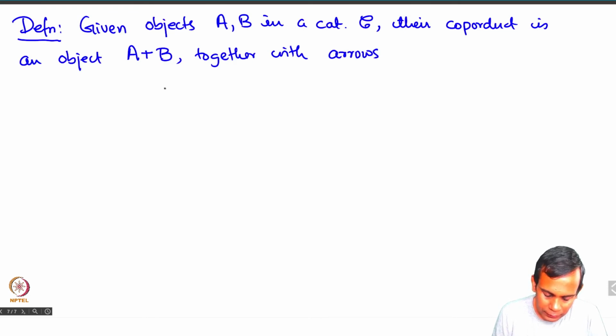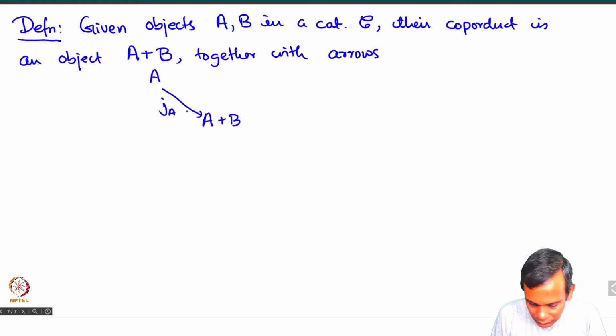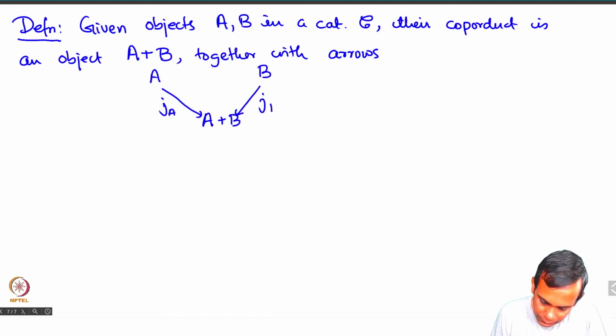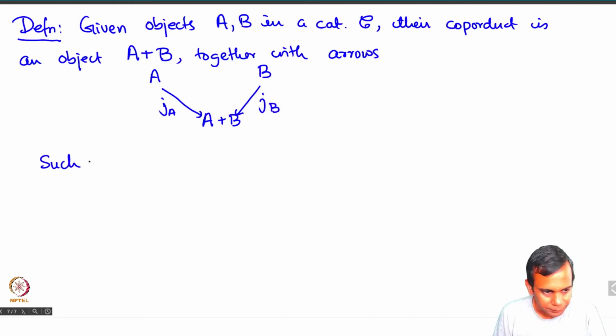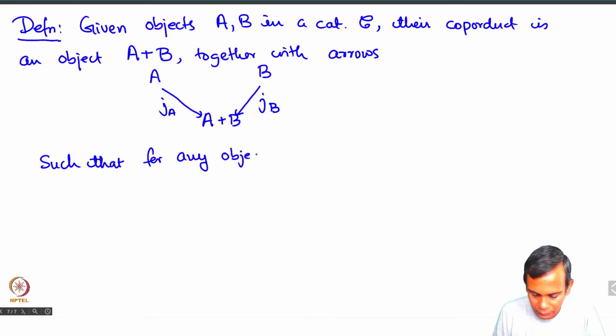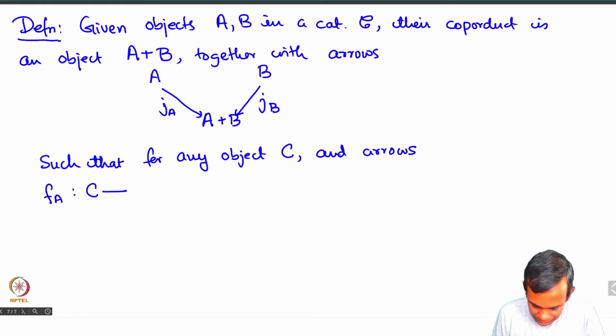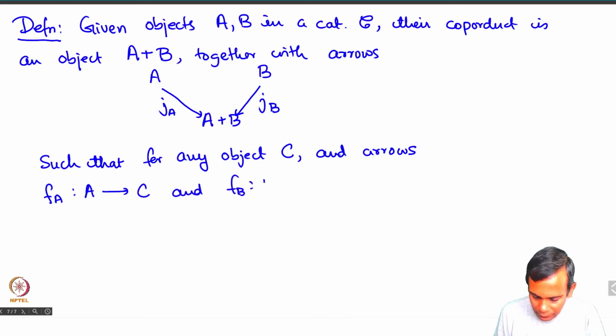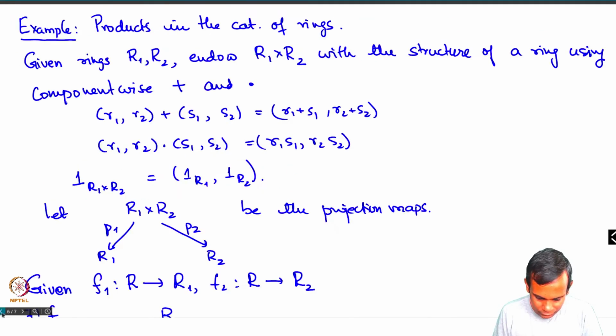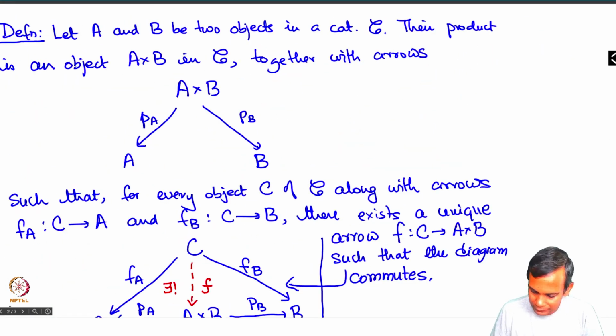Earlier we had A cross B with arrows to A and B, and now what we have is A plus B, and we have arrows from A to A plus B, which we'll call J_A, and another arrow from B to A plus B, J_B, such that for any object C and arrows F_A from A to C and F_B from B to C. So if you go back to the definition of a product, we are reversing the directions of all the arrows.